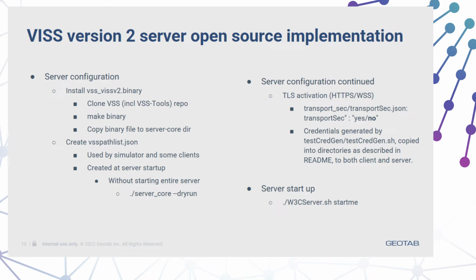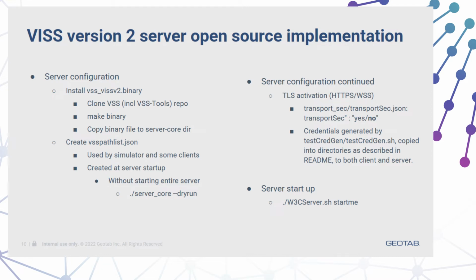Some components in the total tech stack might need another file called VSS pathlist.json, which is a JSON file containing the paths of all leaf nodes. That is used, for example, if you want to use the simulator that has also been developed in the COVESA context in a different repo. I think we get the links somewhere later.